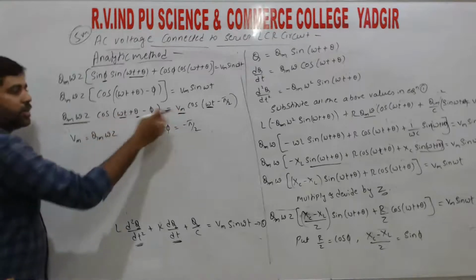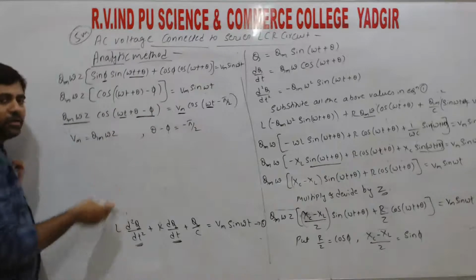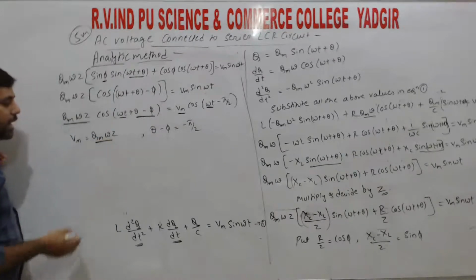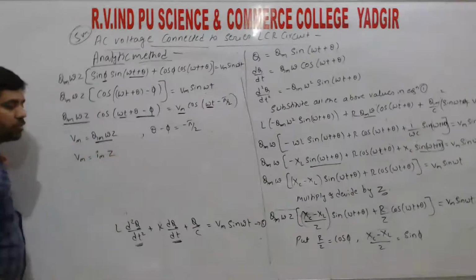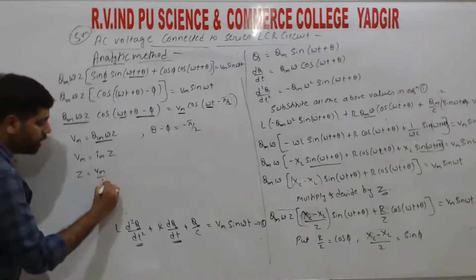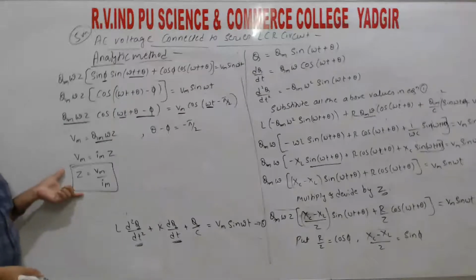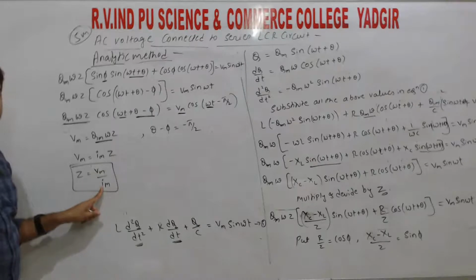So comparing these two equations, LHS is equal to RHS, and the terms having the values will be the same, right? So now we can write this one as Im, so Vm is equal to Im into Z. Again we get impedance Z is equal to Vm by Im, as we derived in the last, that is by using the phasors we derived the equation Z is equal to Vm by Im, right?